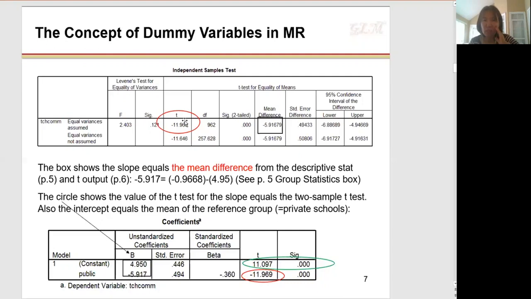So here, the t-test value is minus 11.9 with its degrees of freedom. Since the homogeneity assumption is satisfied, we interpret this first row. Don't think about this other one.